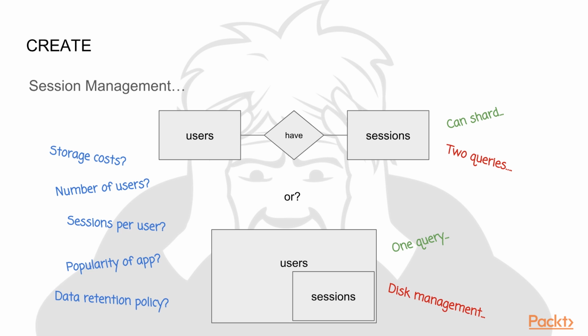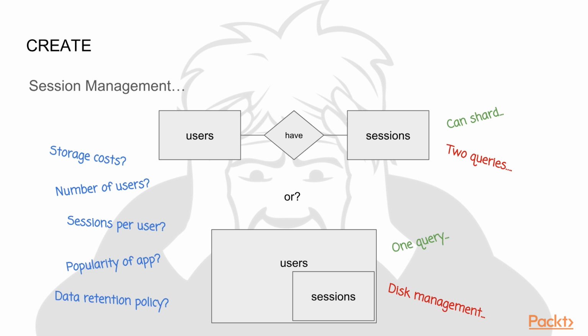We only have one table, one collection to query whenever we want to get user or session information out of the user table. However, there are some trade-offs. In a traditional relational model where users have sessions, we have 2 collections, and the sessions table, as you can imagine, will probably grow to be much larger over time than the users, because users can have multiple sessions.